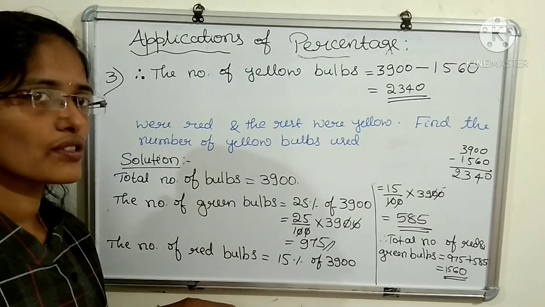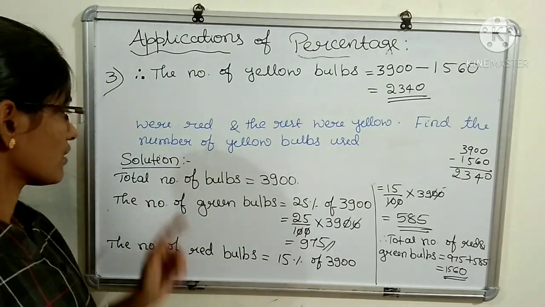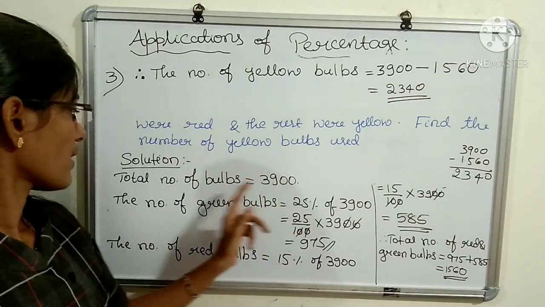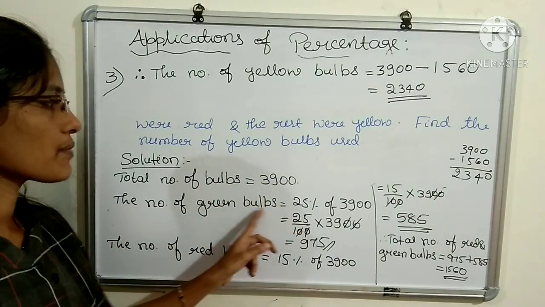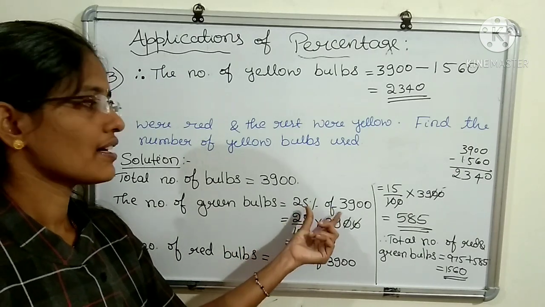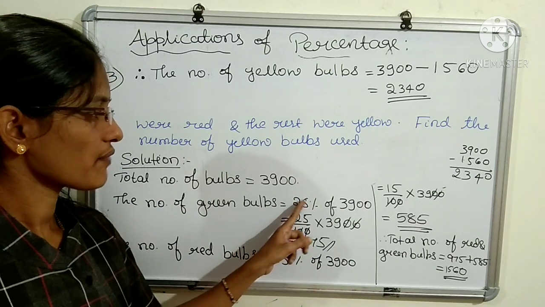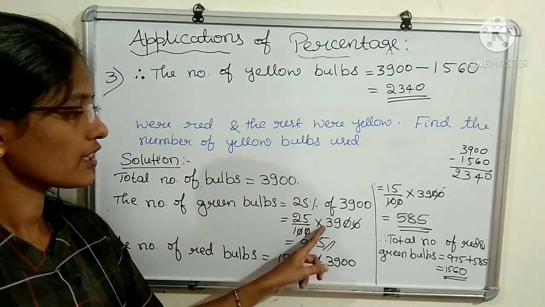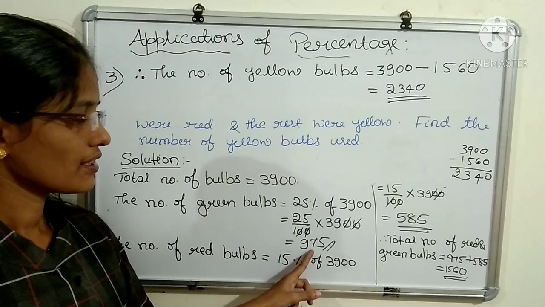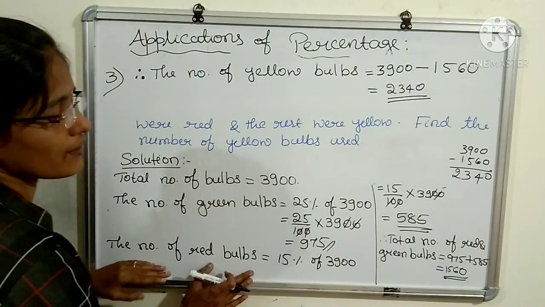Here what I have done, students? First I have written what is given in the question. The total number of bulbs is given, and the number of green bulbs they did not give directly. They have given it in the form of percentage. That percentage you convert to numbers. 25 by 100 into total number of bulbs, you will get 975. Next, the number of red bulbs is also not given directly.